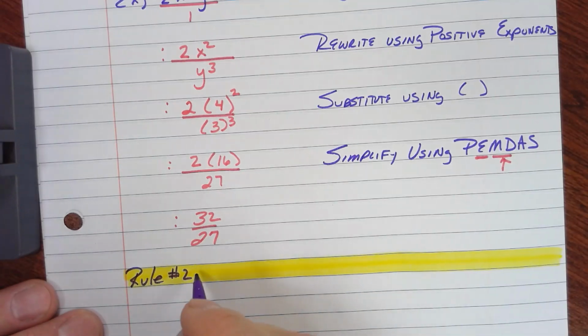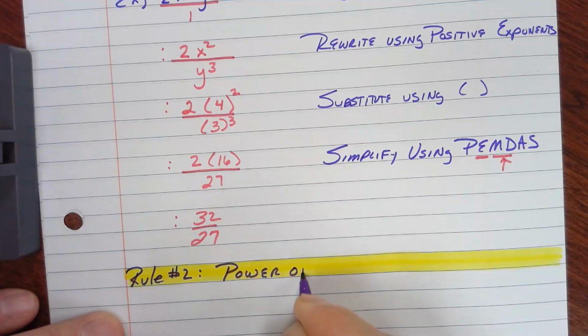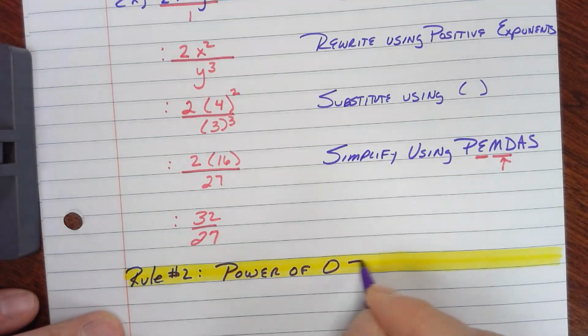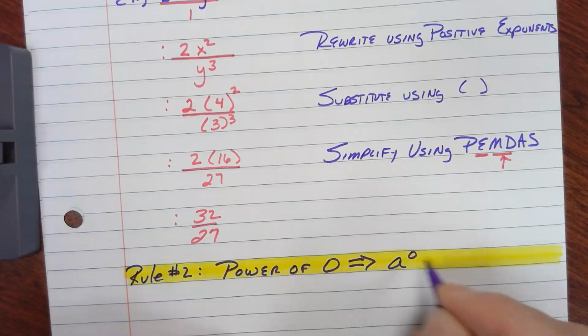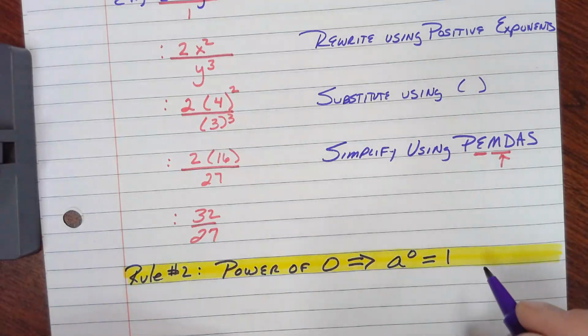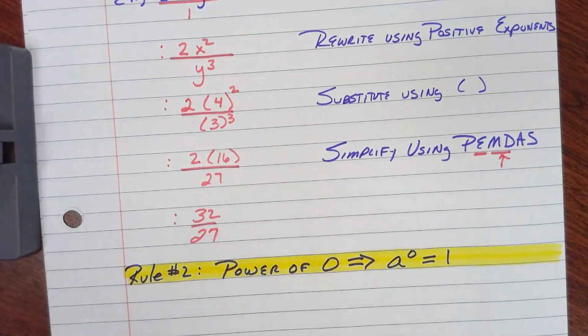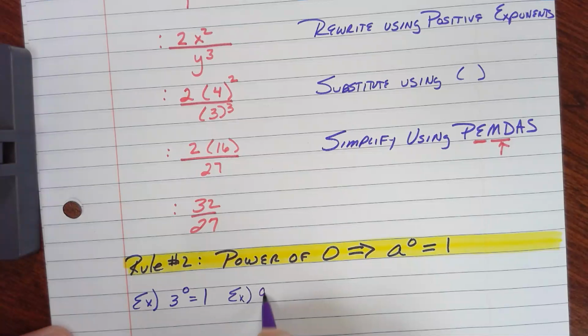Rule number 2 is a power of 0. The rule says any number raised to the 0 power is equal to 1. So if I have 3 to the 0 power, that's equal to 1. 99 to the 0 power is equal to 1.